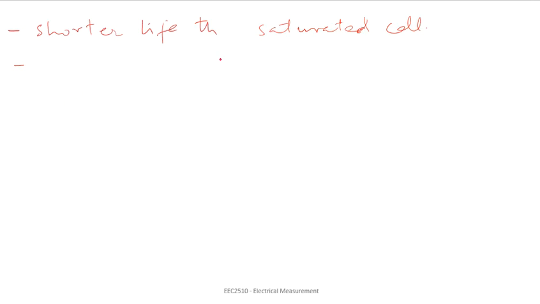So the temperature coefficient, okay, it is minus 10 microvolt per degree Celsius. Okay, and it has an accuracy of about 0.005%. So it can be used for most purposes without the temperature correction.